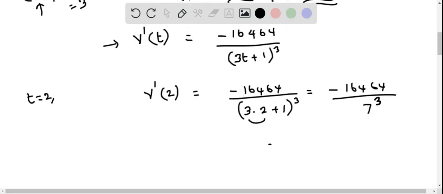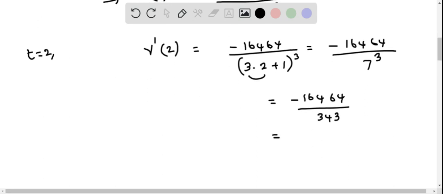So let's evaluate this. This is negative 16,464 divided by 7 cubed, which is 343. And we can use the calculator to determine this division. And when we do that, we get negative 48. So this is v prime of 2.